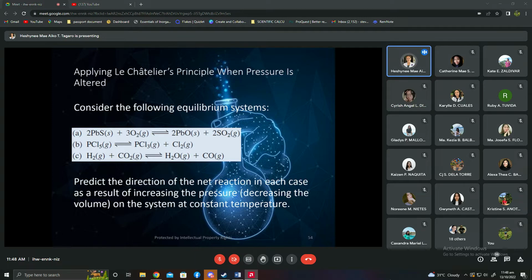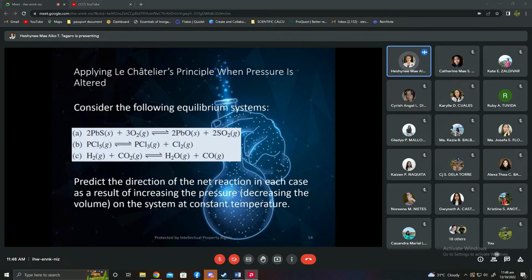So, we look at the number of moles of the gas. According to Le Chatelier's principle, the system will adjust to partially offset this stress, which is increasing the pressure.